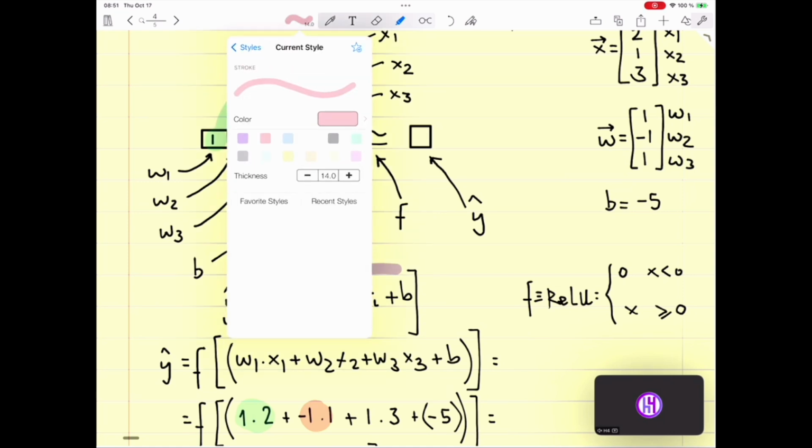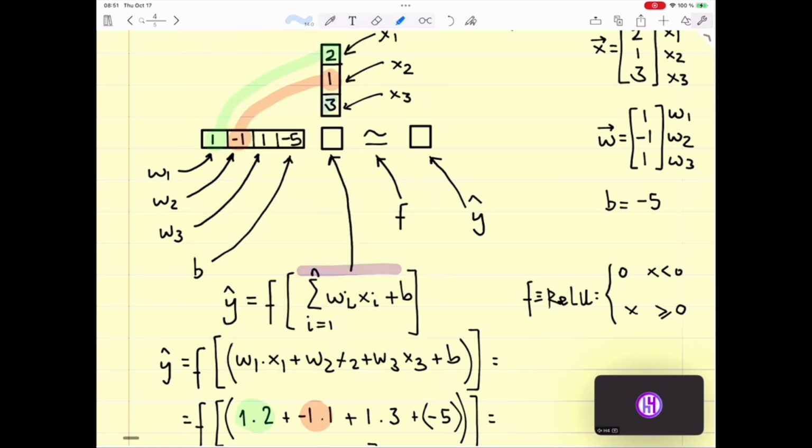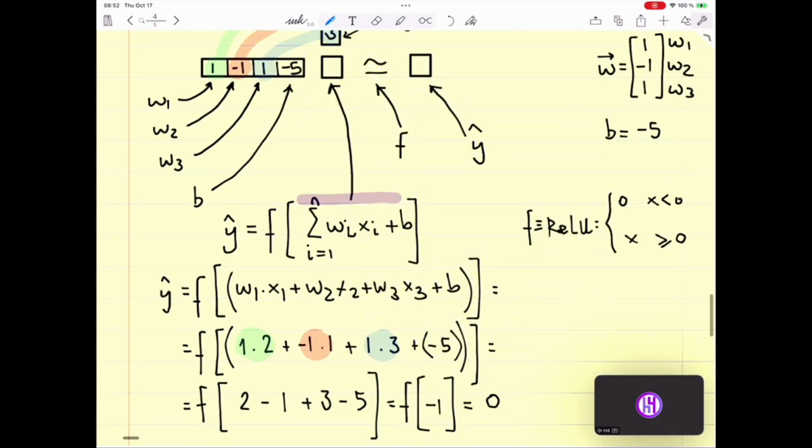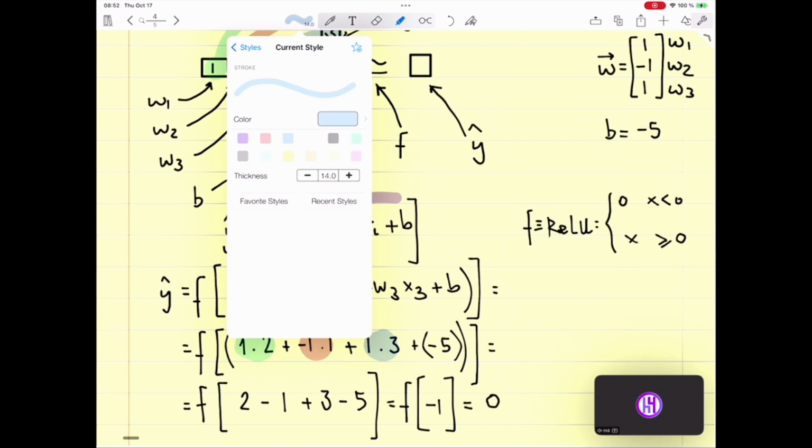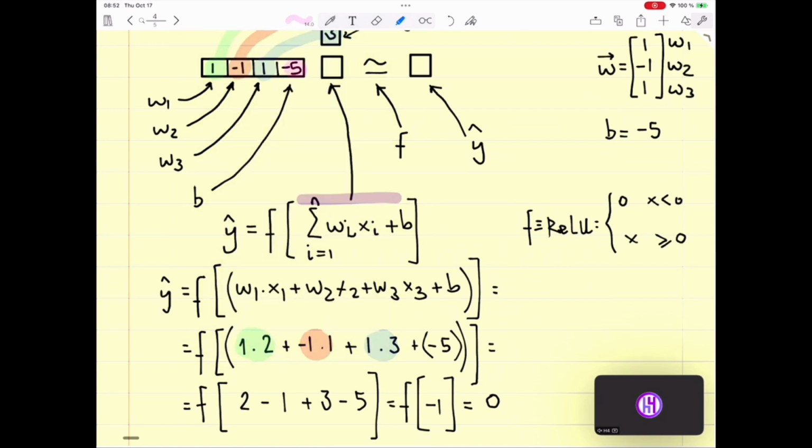And 3 times 1 plus the bias. Okay. This equals minus 1.